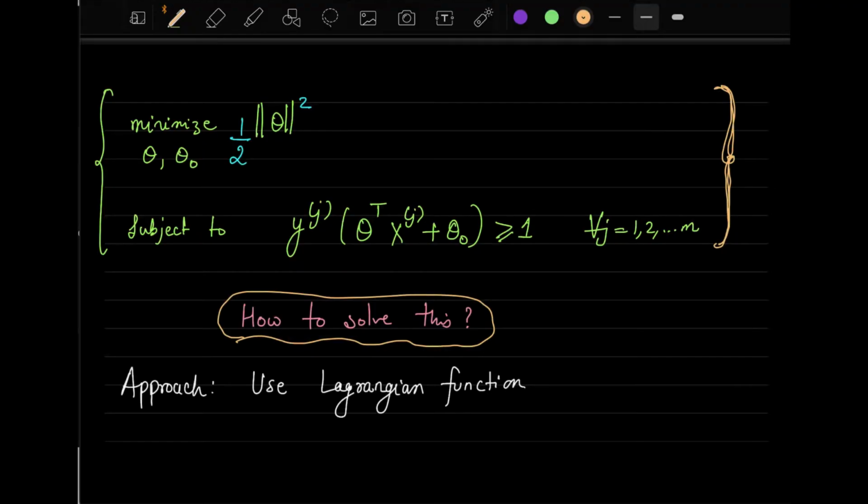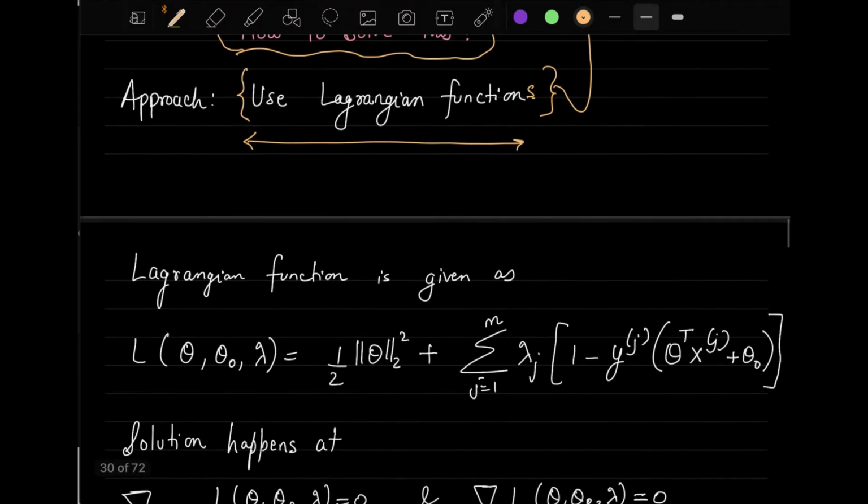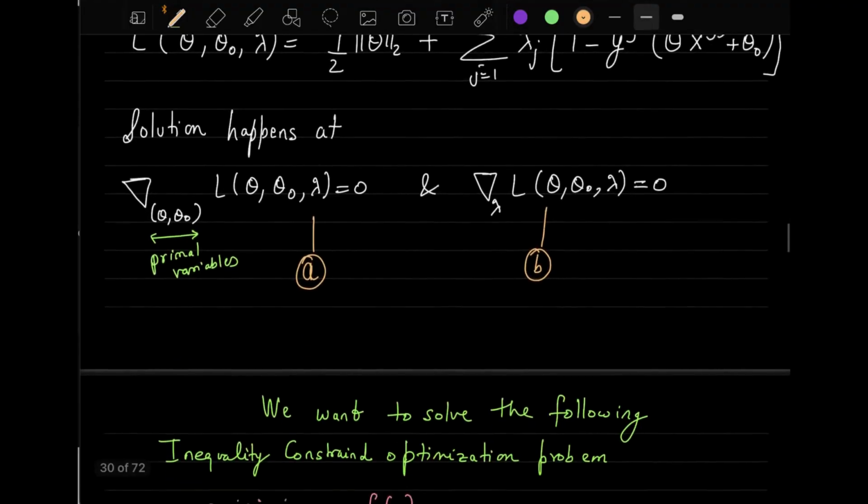One of the ways of solving this optimization problem is using Lagrangian functions. So let us see how we can do that. Let me explain the details of the Lagrangian function first.